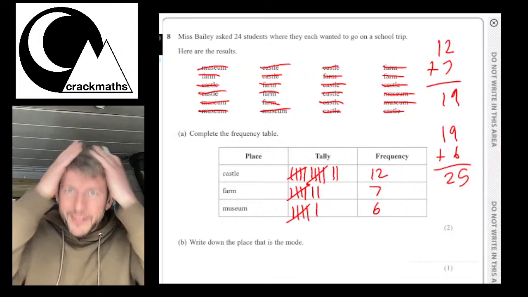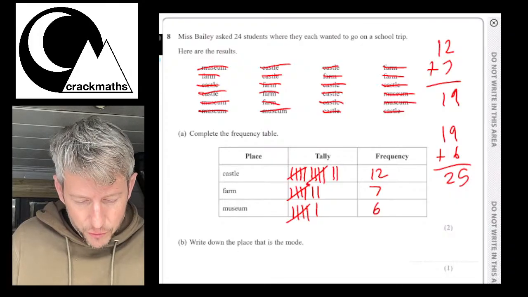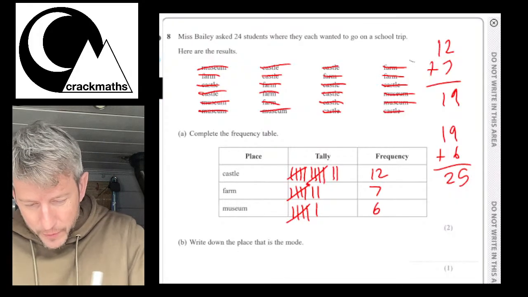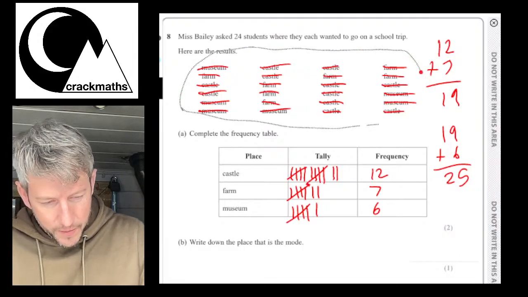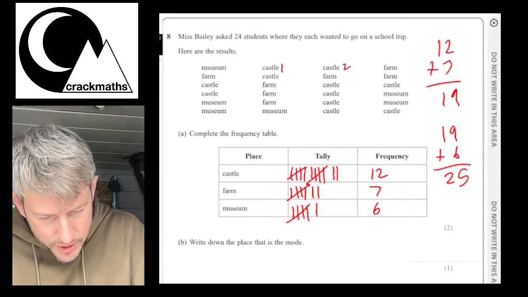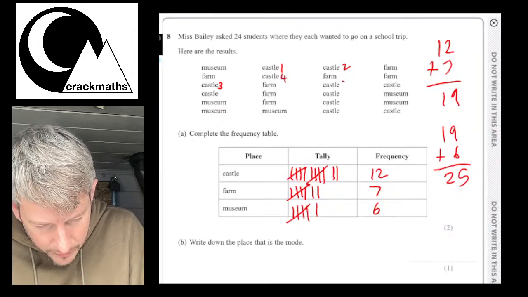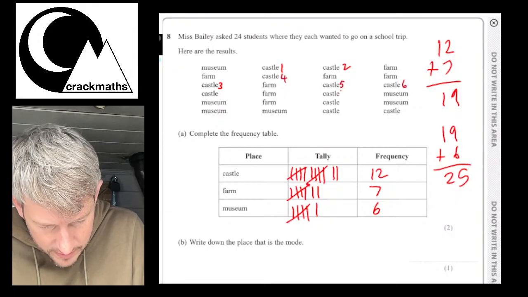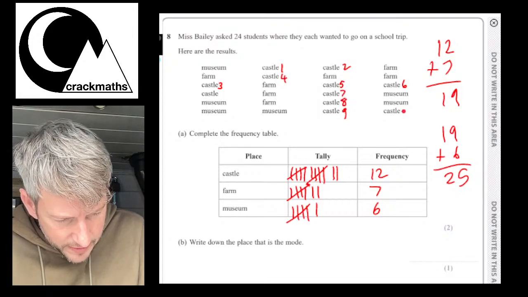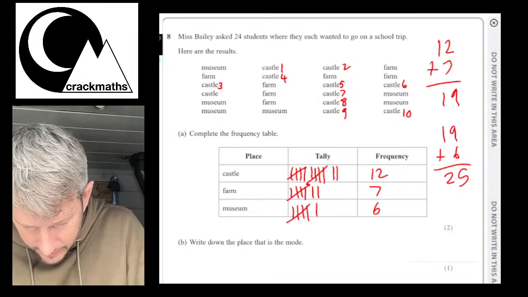Damn it. Okay, right. So I need to double check where I have gone wrong. I bet you it was that extra castle. I'm sorry if you've all scribbled off these. I'm just going to have to go like this. So let's go 1, 2, 3, 4, 5, 6, 7, 8, 9, 10, 11.